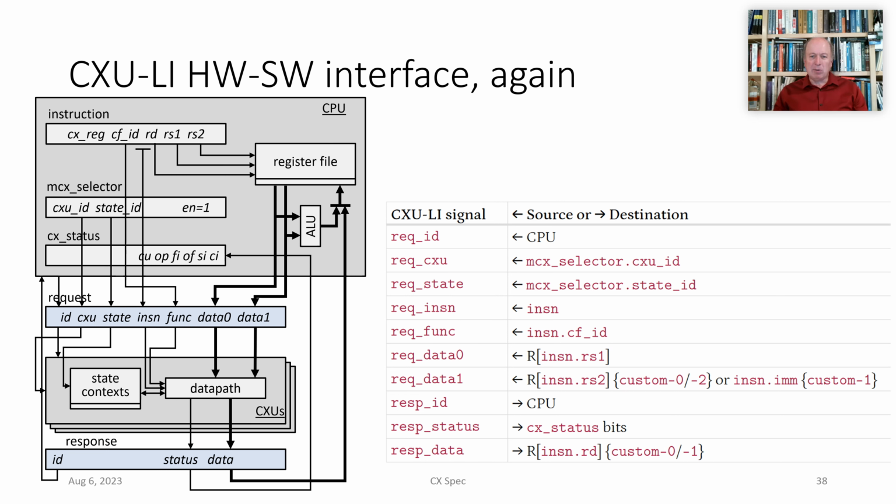Request instruction and request function come from the instruction. Data 0 and data 1 come from the register file or an immediate. Then the response ID is just the request ID that was received. Response status will then be merged back into the CPU's CX status, and response data written back to the destination register.